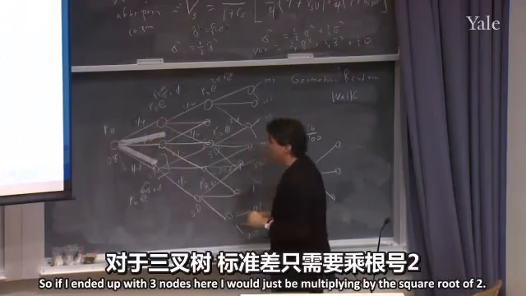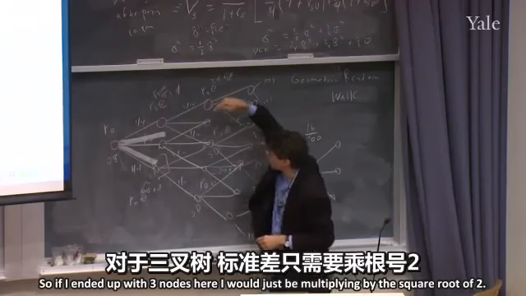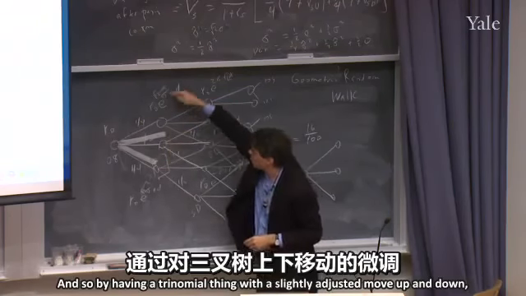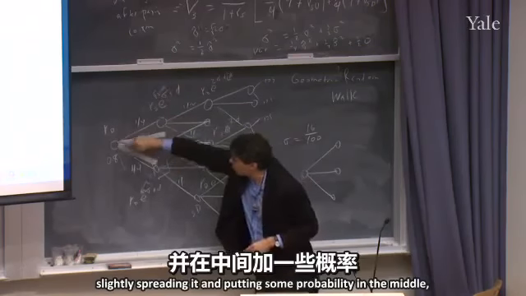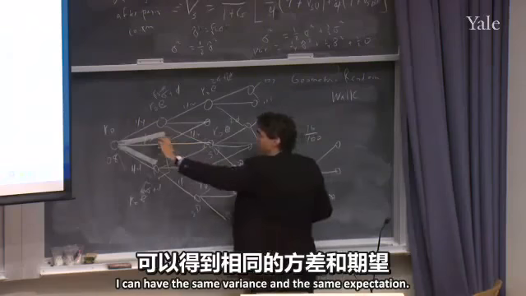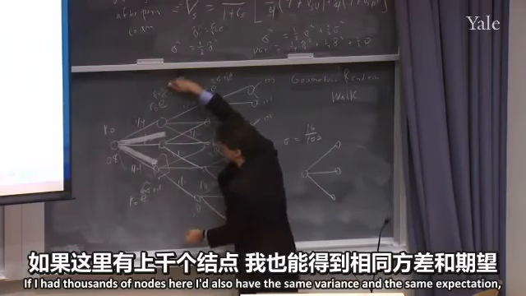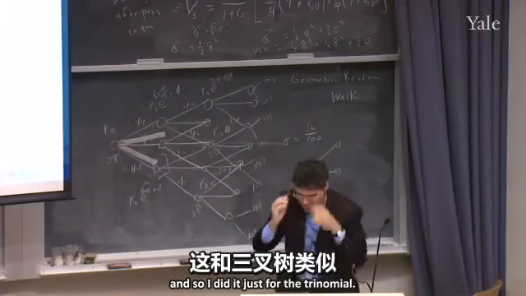If I ended up with 3 nodes here, I would just be multiplying by the square root of 2. And so by having a trinomial with a slightly adjusted move up and down, slightly spreading it and putting some probability in the middle, I can have the same variance and the same expectation. If I had thousands of nodes here, I'd also have the same variance and the same expectation. And so I did it just for the trinomial.